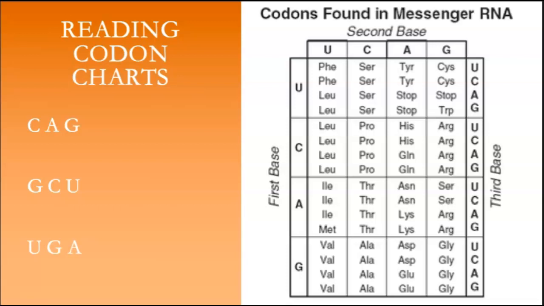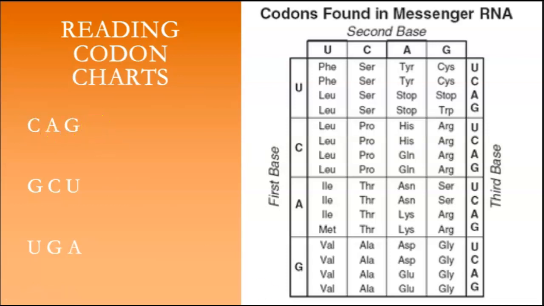So for example, if I was to look at UUU, the anticodon on tRNA would be AAA and would carry LEU, leucine, as the amino acid. But we're just going to look at it from the point of view of the mRNA codon. So for example, let's say our mRNA said CAG.